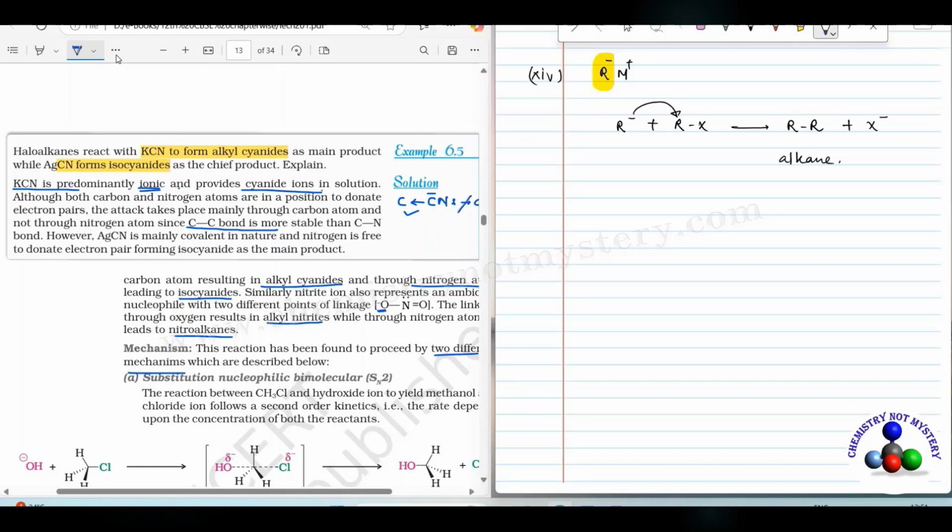So that's why the other bond is not formed during the reaction with cyanide. While in case of AgCN, which is a covalent compound, nitrogen has a lone pair of electrons and the electron density is donated through nitrogen and a bond is formed between nitrogen and carbon. That's why isocyanide is the main product.